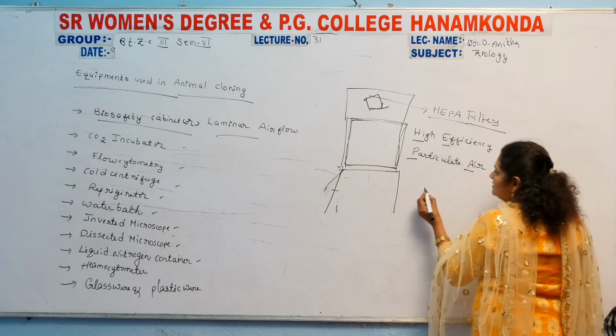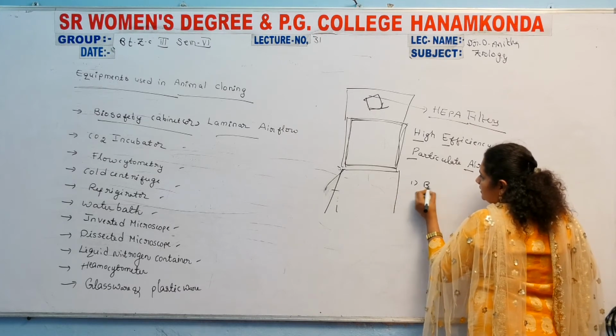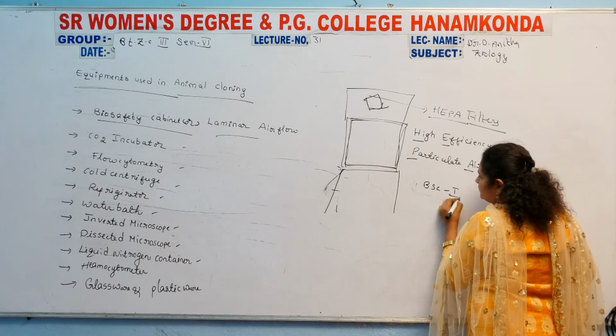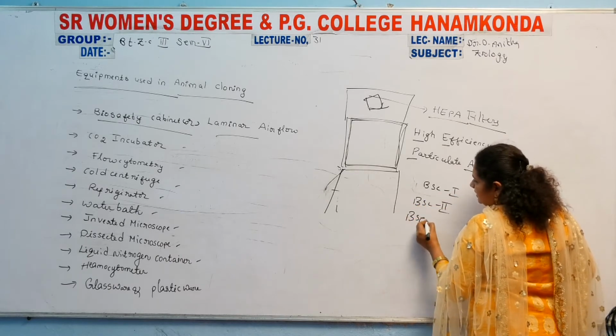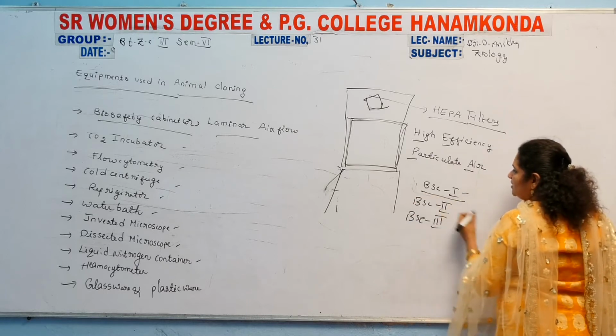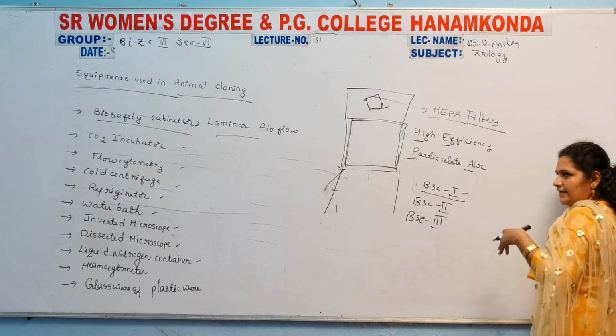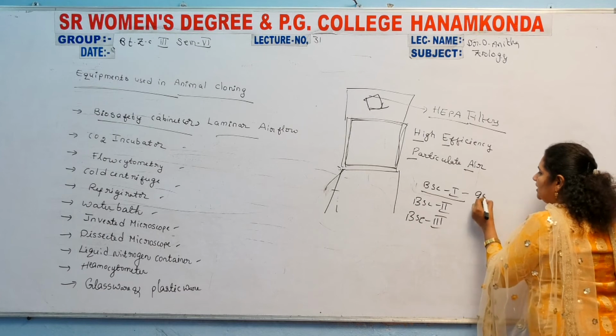By the presence of these filters, the biosafety cabinet is of three types: BSC1, BSC2, BSC3. In biosafety cabinet 1, the accuracy and sterilization capacity goes up to only 95% and 90%.